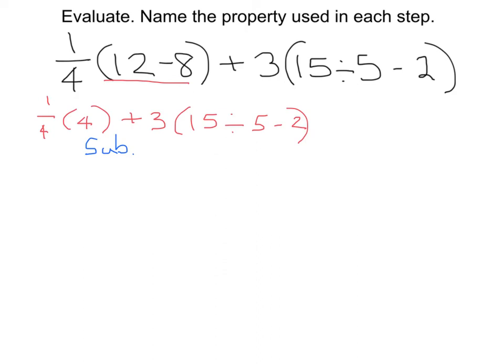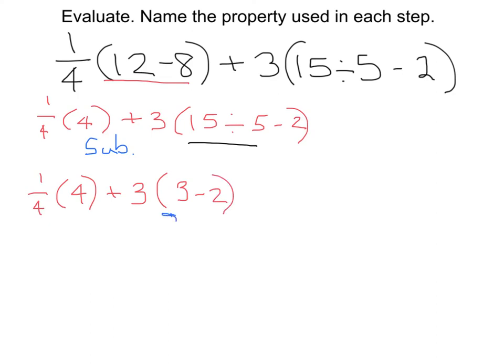The next step is to now use substitution again in the other set of brackets. So in this case, we are going to substitute for the 15 divided by 5. So the rest of the problem stays the same. So we have 1/4 times 4 plus 3 times, now we open parentheses, 15 divided by 5 leaves us with 3 minus 2.